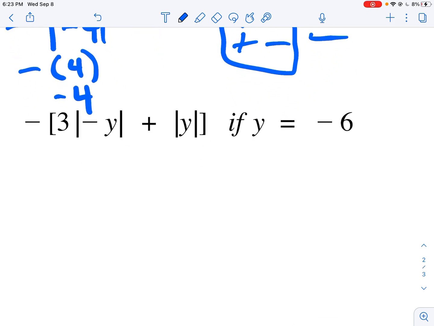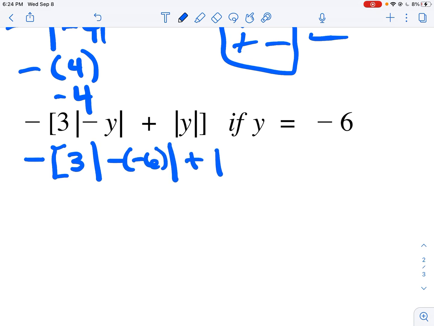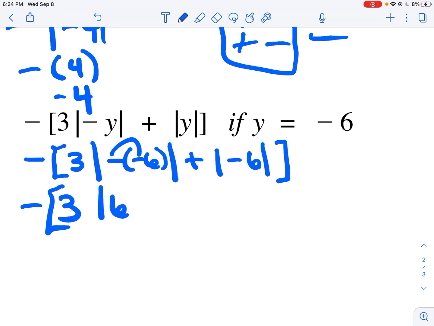Okay, so here we go again. Bracket, absolute value, the opposite of a negative 6 plus the distance from 0 to negative 6. So, opposite of a negative is a positive.